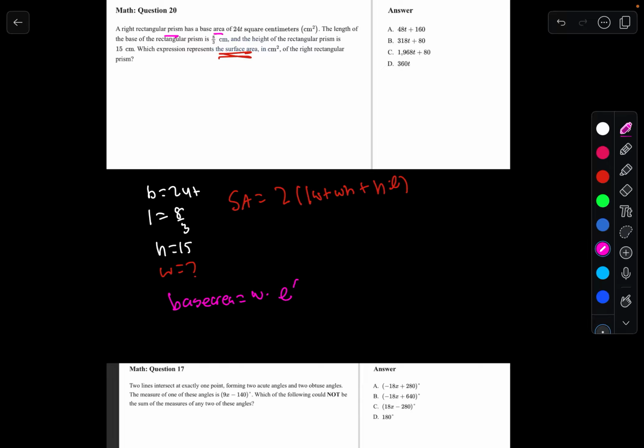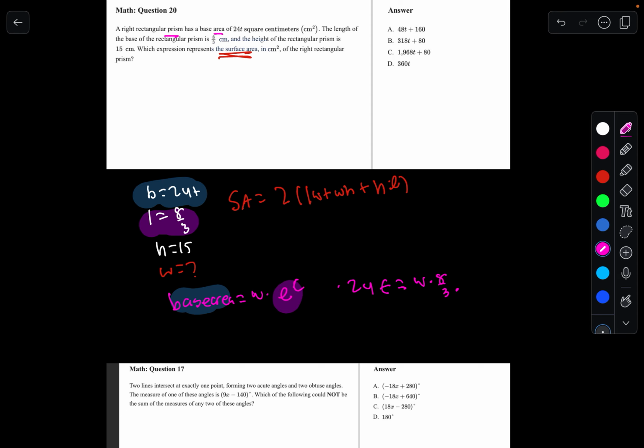We already know what the length is, and we also know the base area, so we can just plug that in. 24t is equal to width times 8 over 3.